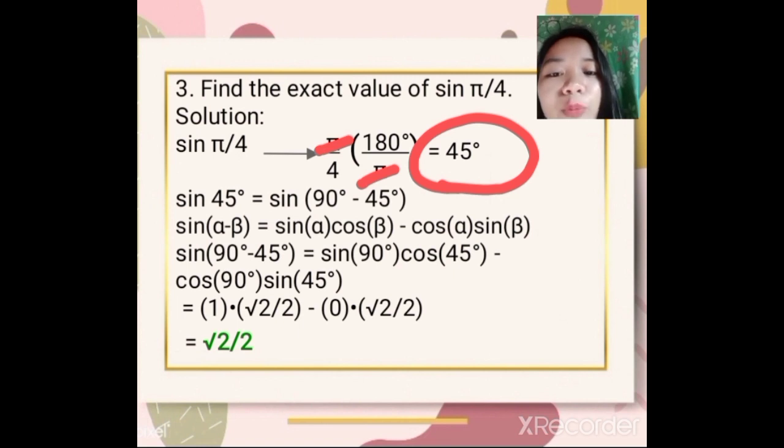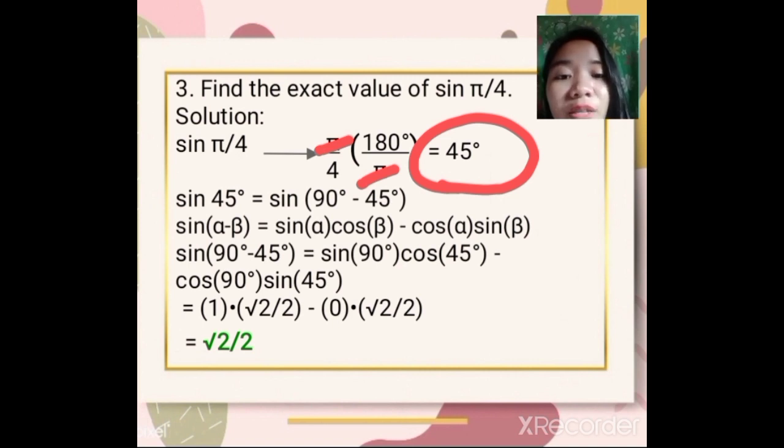So we have the formula sine (A minus B) is equal to sine A cos B minus cos A sine B. So let's substitute the values of A and B, which is 90 degrees and 45 degrees. So we have sine (90 degrees minus 45 degrees) is equal to sine 90 degrees cos 45 degrees minus cos 90 degrees sine 45 degrees.